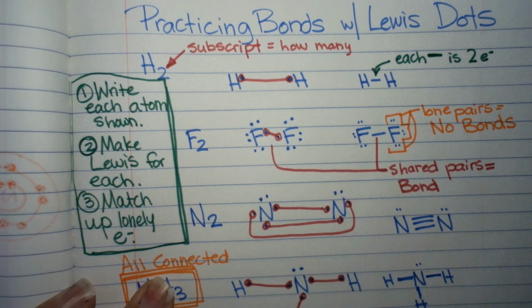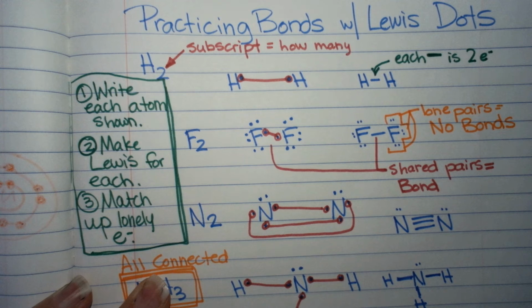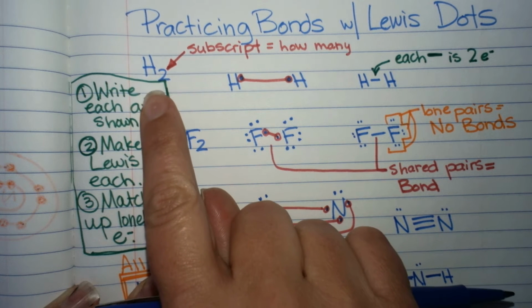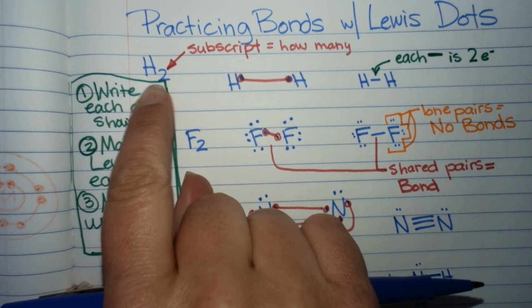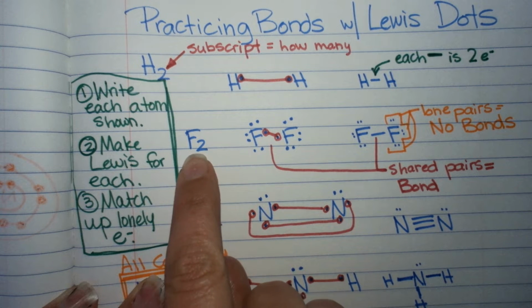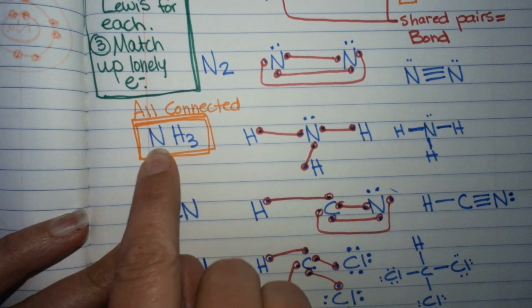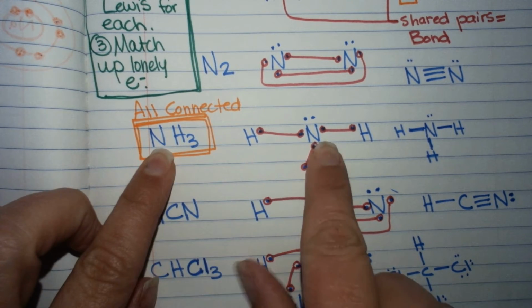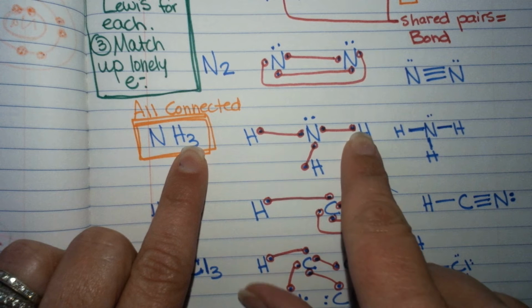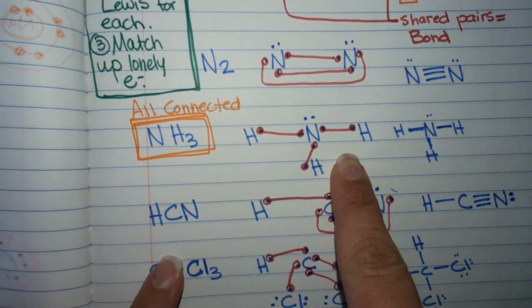Last time that we were together in our notebook, we were practicing bonds with Lewis dots. You could tell me that there were 2 hydrogen atoms here, 2 fluorine atoms there, and that there is 1 nitrogen and 3 hydrogen atoms, but we don't want to have to draw these pictures every time.